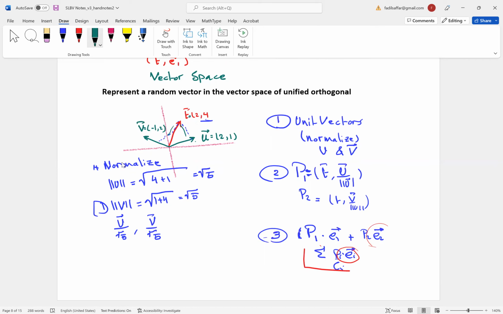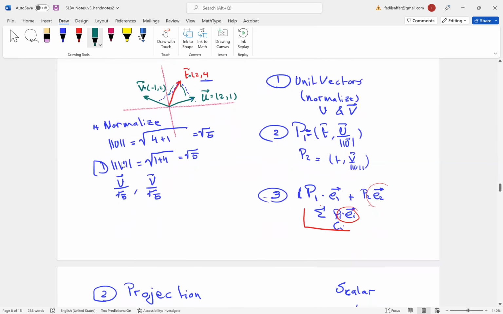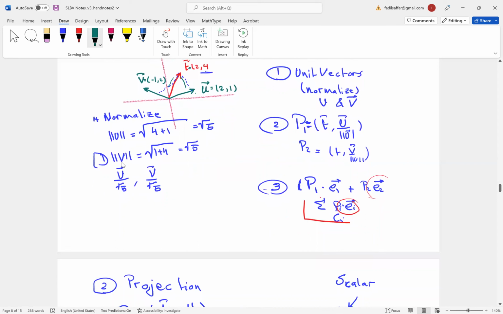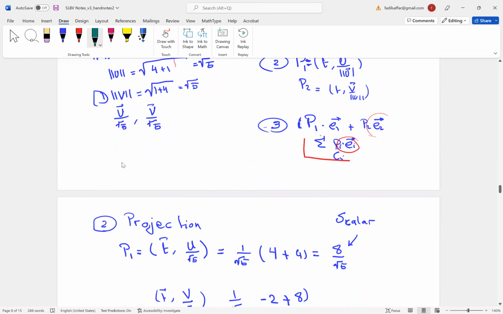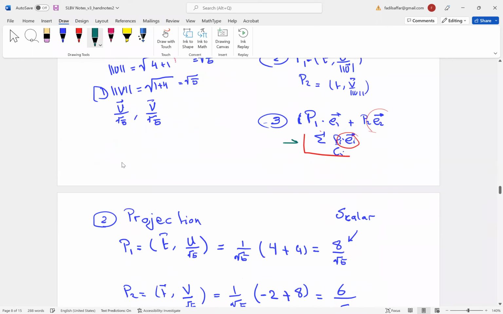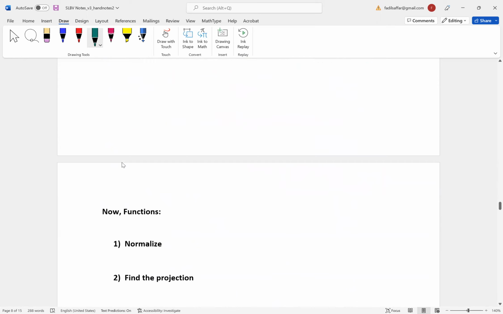Visualizing that one is not easy, but thinking of that as vectors, writing the steps for vectors and visualizing it enables us to move them to functions and do exactly the same steps. And the steps that I just did here for the representation of a vector in terms of a two vector space is exactly what the expansion is when we come to the SLBV problem. Let's get an example here.